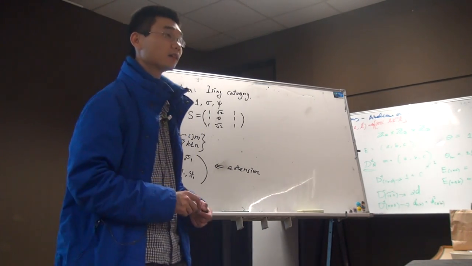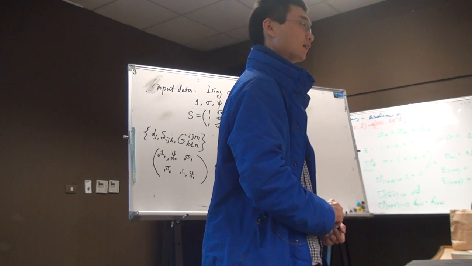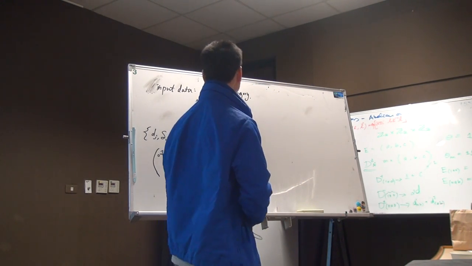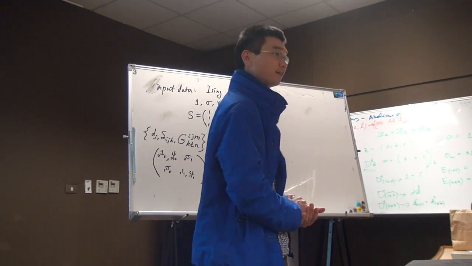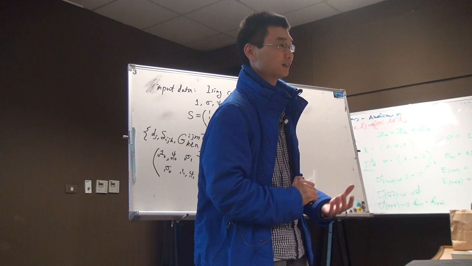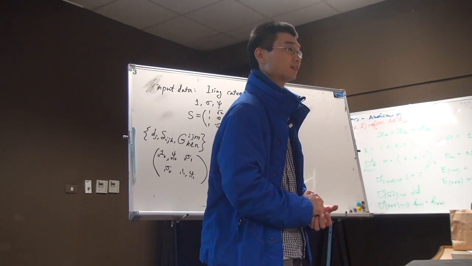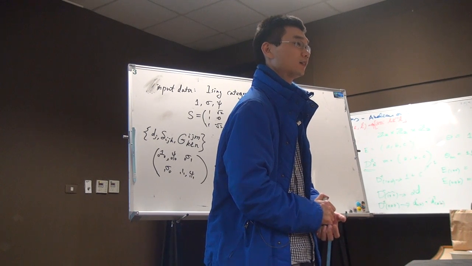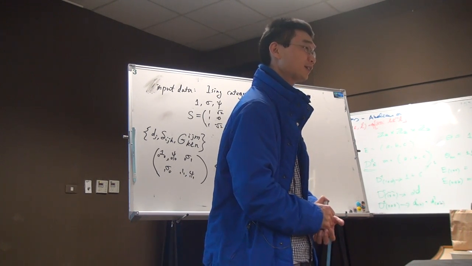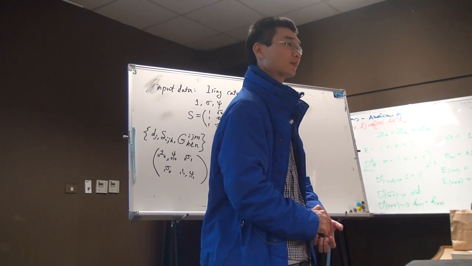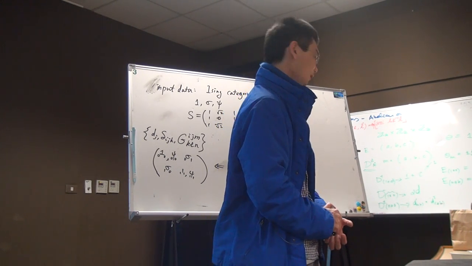Yes? What is sigma? Sigma is the Ising anyon and psi is the Majorana fermion in the Ising theory. So it's a notation. Who wrote the matrix? Right.